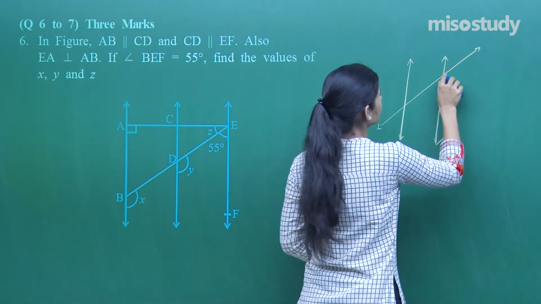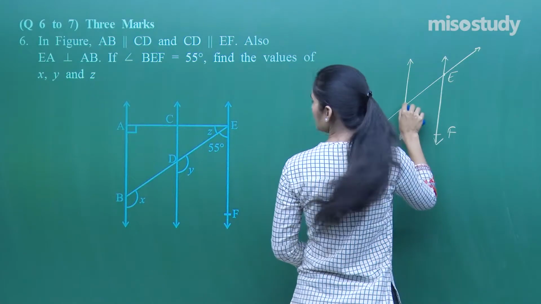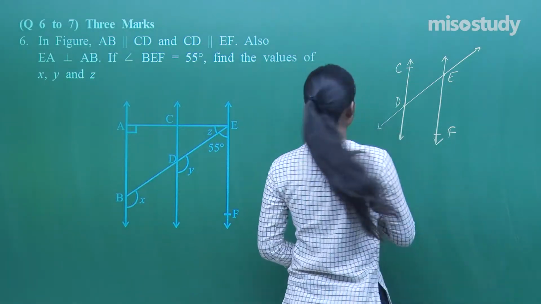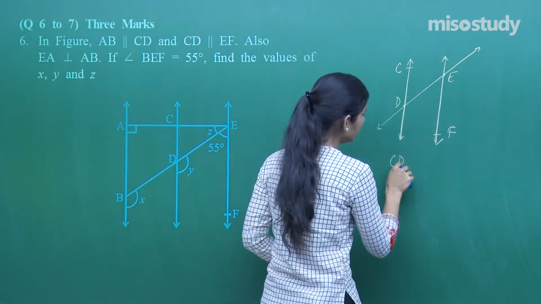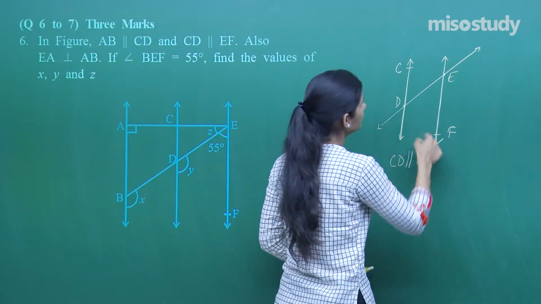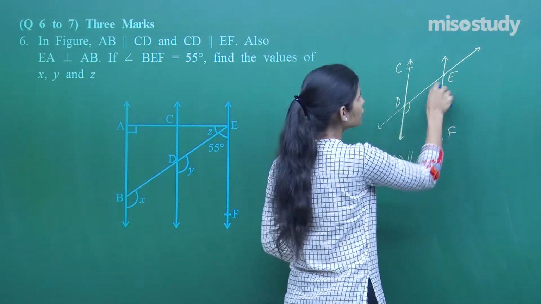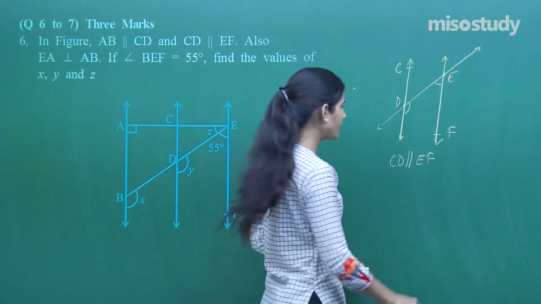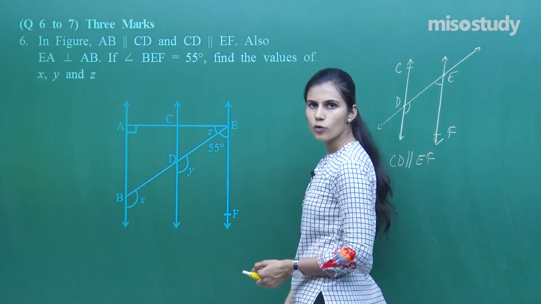Okay, so say this point is E, somewhere here is F, this point is D, somewhere here is C. So in here, if these two lines are parallel, CD is parallel to EF, clearly this line is acting as a transversal. So these two angles are going to be forming a pair of co-interior angles, right? So I will have this angle Y and 55 degrees forming a pair of co-interior angles.